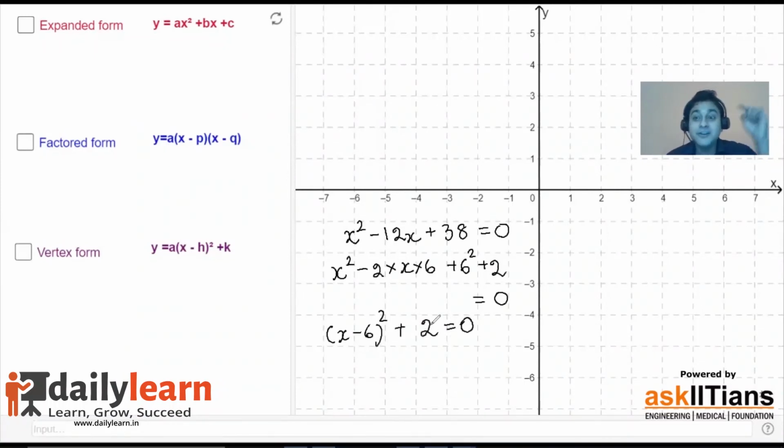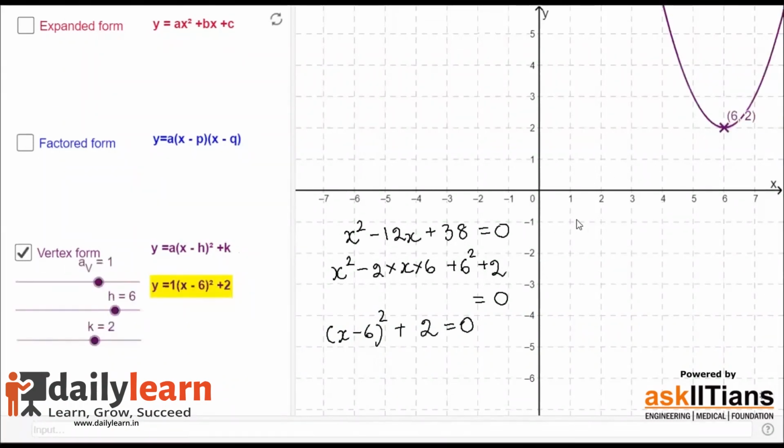Now I will try to plot this very graph on my system. So let's try to do that. How can we express this particular graph on the graph paper? Let's discuss this. As you can see, when I keep x equal to 6, y will become 2, isn't it guys?